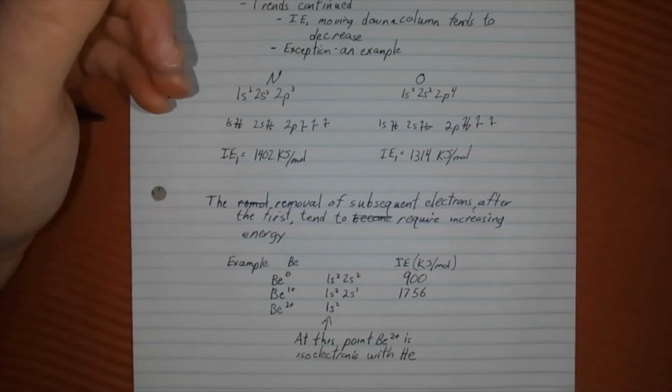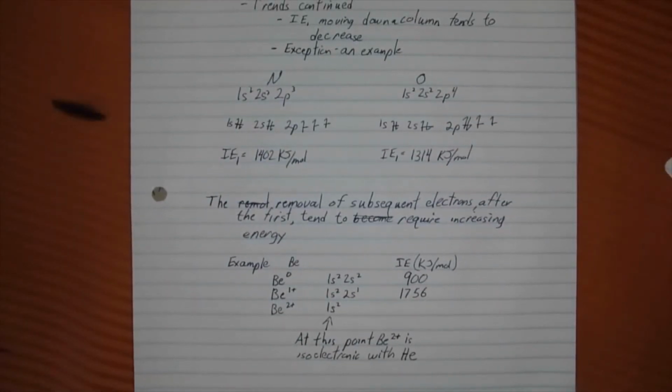Pretty impressive. It's like, woohoo, I have achieved what I wanted to. So what does that mean? How hard do you think it's going to be to take an electron off of that?